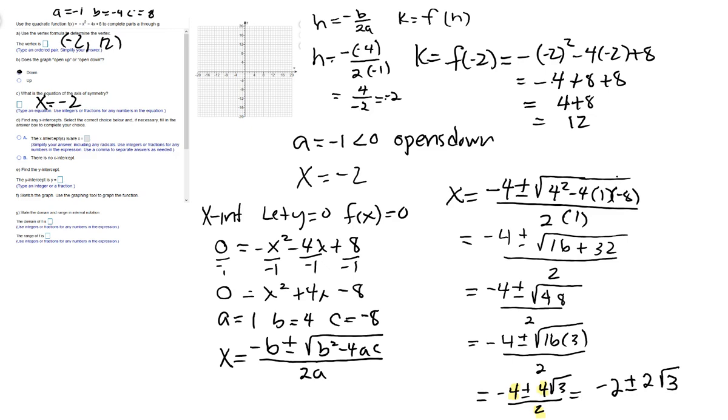Those are my two x-intercepts: negative 2 plus 2 square root of 3 and negative 2 minus 2 square root of 3. x equals negative 2 plus or minus 2 square root of 3.